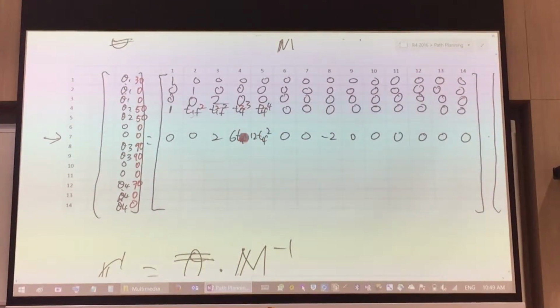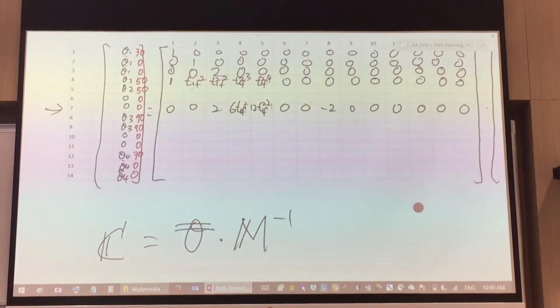So T1 is 2 seconds and it's squared over here. If you do all that, we can actually find out what that final C factor is.